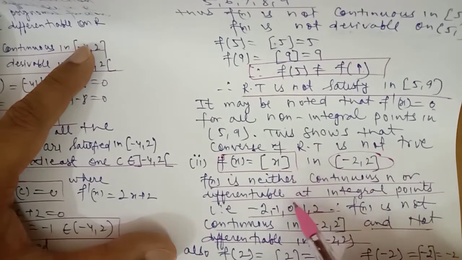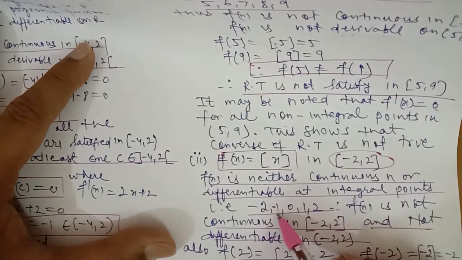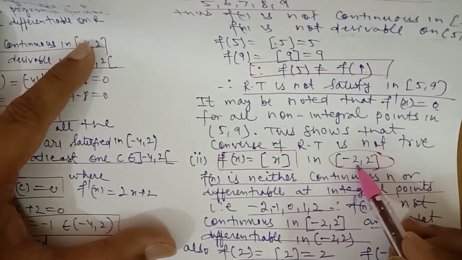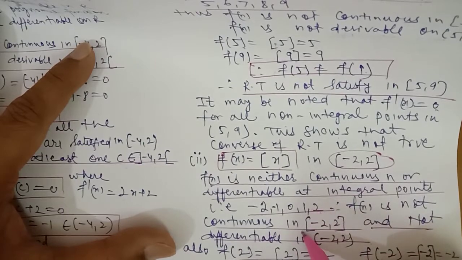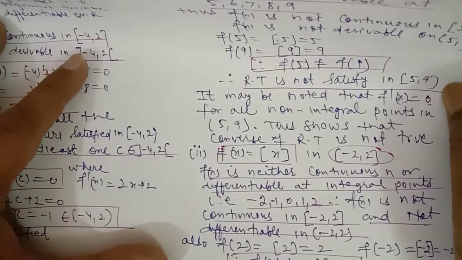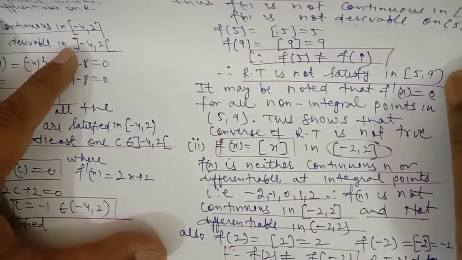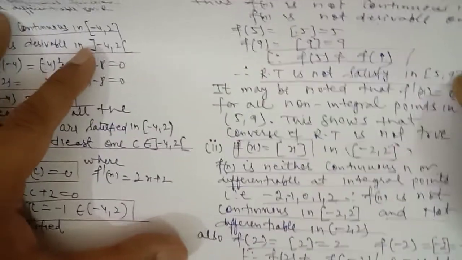This function is neither continuous nor differentiable at the integral points -2, -1, 0, 1, 2. These are the integers in the given interval, and at these points the greatest integer function is neither differentiable nor continuous. Therefore this does not satisfy Rolle's theorem.